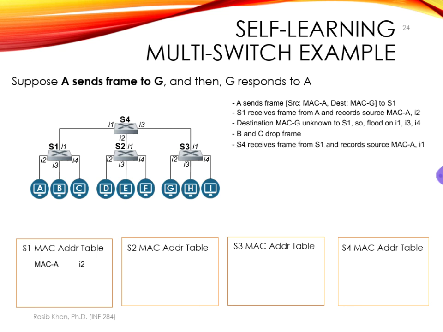However, the frame which is forwarded through I1 reaches S4. Now S4 looks at the frame and sees that the source is MAC A. So S4 now knows that if in future anyone needs to reach host A, it would need to send it out through interface I1 on switch 4.